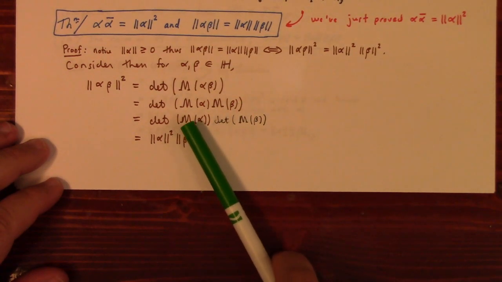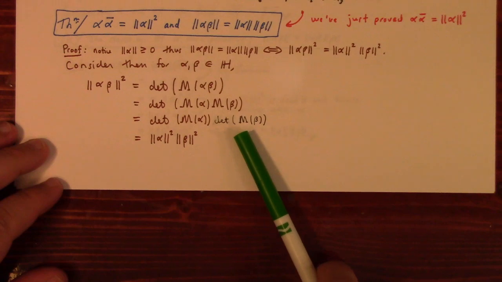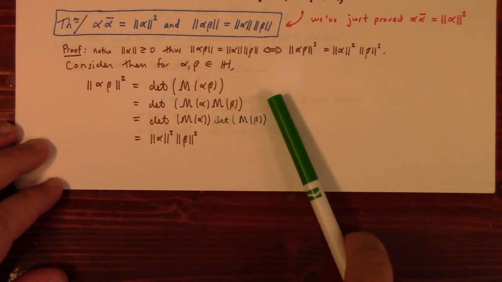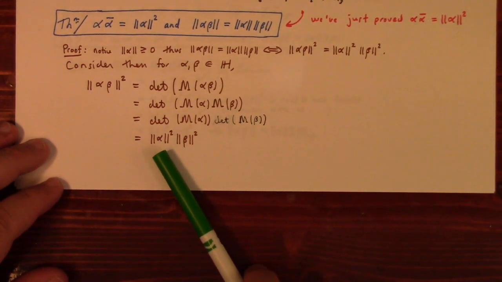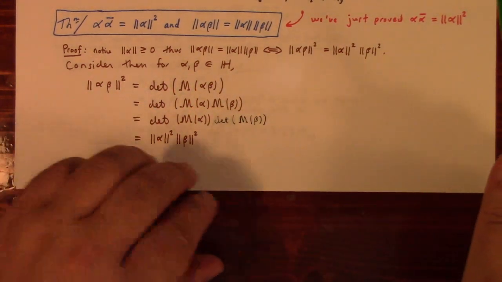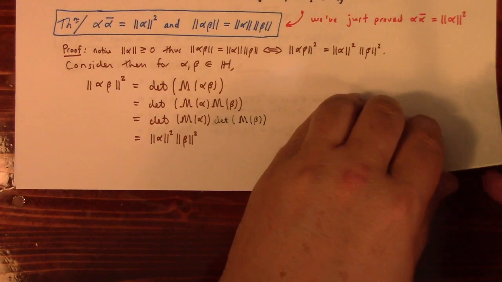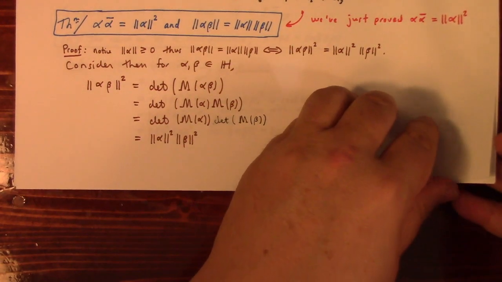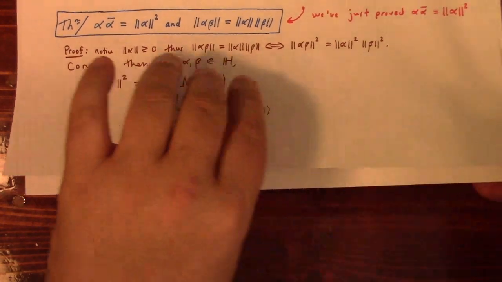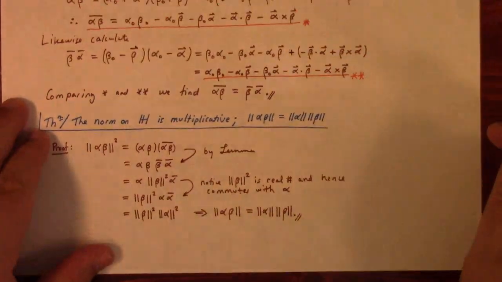But then by properties of the determinant, the determinant of the product is the product of the determinants. That is a non-trivial identity. And so that gives us that the length of alpha squared times beta squared is equal to the length of alpha beta squared, which is what we set out to prove. Now that is actually very interesting because that is essentially the 4-square identity. All right, but we'll come back to that.